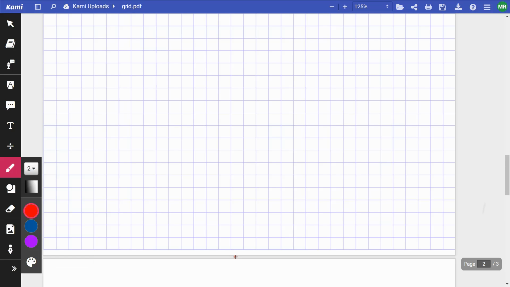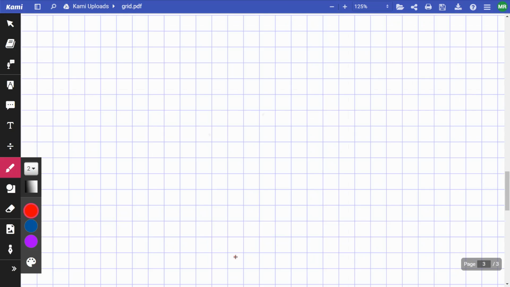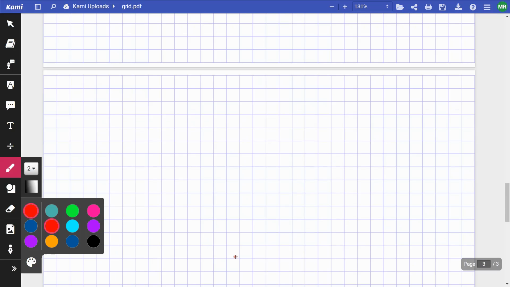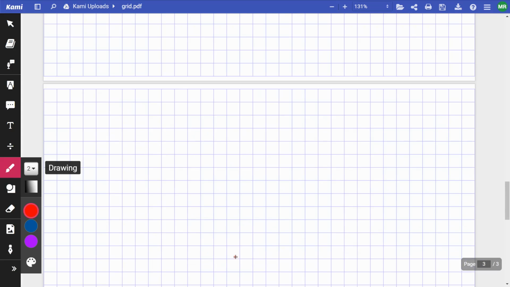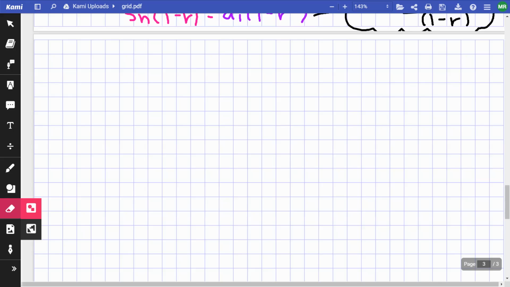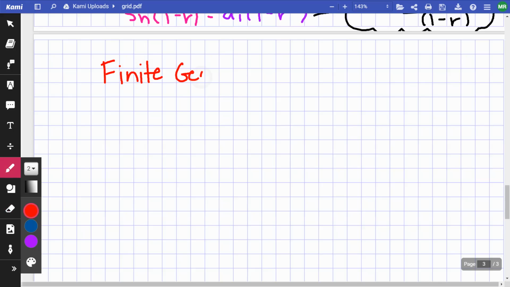The formula for a finite geometric series is the following.